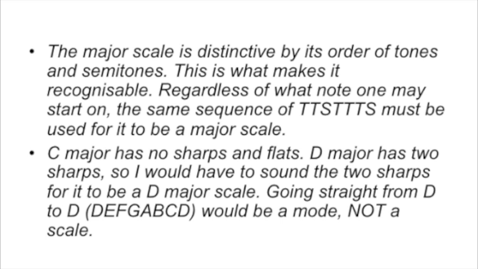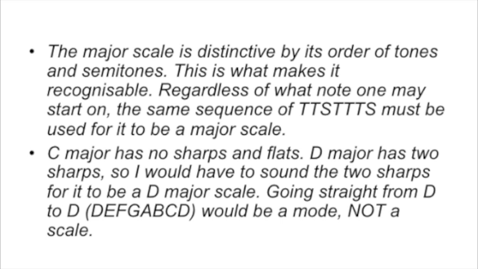And now, as I mentioned earlier, C major is a key which has no sharps and flats. However, if we were to use a major scale on D, there are 2 sharps in this key, F sharp and C sharp. So if I began the major scale starting on D, I would have to go tone, tone, semitone, tone, tone, tone, semitone again.